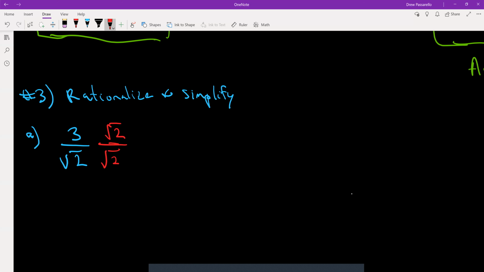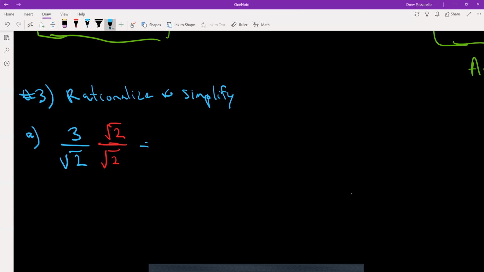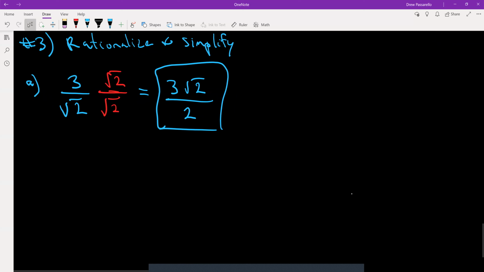So then I would have 3 square root of 2 up top. And square root of 2 times square root of 2 makes the square root go away, since it's square root of 4, and square root of 4 is 2. So it turns into just 2 now, and that's the result after you rationalize. Anytime the square root of a times square root of a, that just equals a. The square root sign goes away.